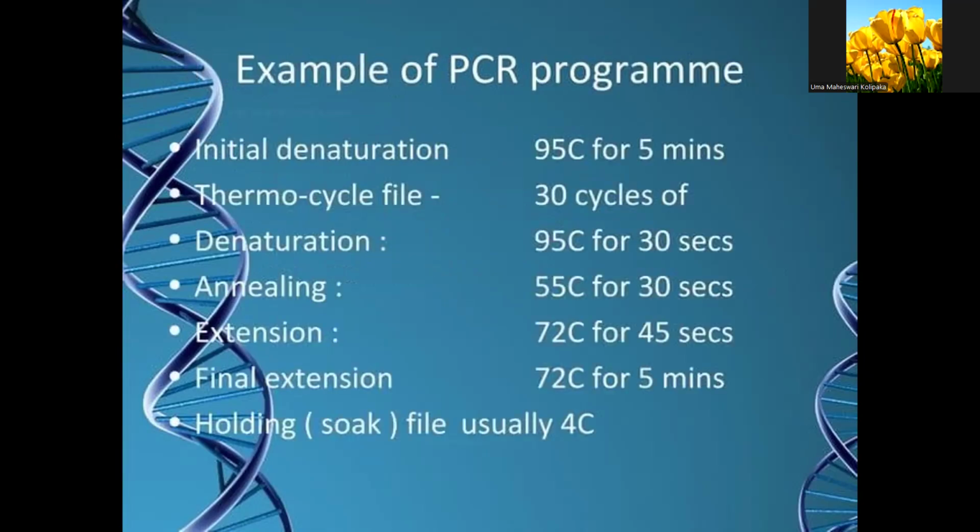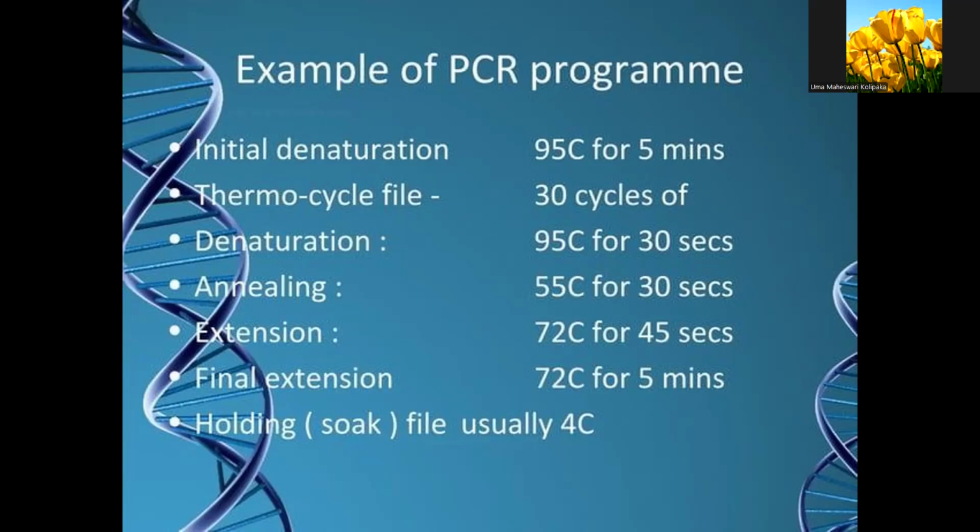An example of a PCR program. What is the exact time required for the different steps? Here we can observe initial denaturation at 95 degrees Celsius for 5 minutes, and thermocycle profile of 30 cycles: denaturation at 95 degrees Celsius for 30 seconds, annealing at 55 degrees Celsius for 30 seconds, extension taking only 45 seconds at a temperature of about 72 degrees Celsius, and final extension taking 5 minutes at 72 degrees Celsius.